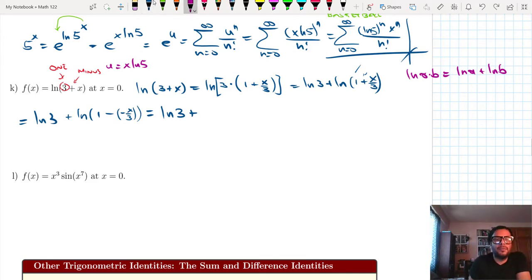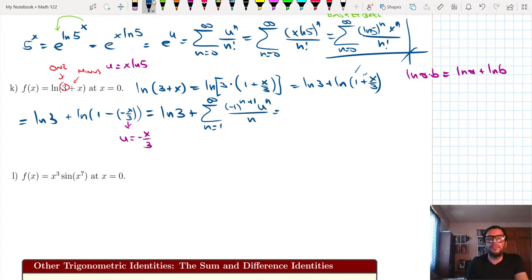Let's write this in terms of u. This is u. So the series representation for ln will be sigma n starts at 1 to infinity, negative 1 to the n plus 1 of u to the n divided by n, not factorial, just n.